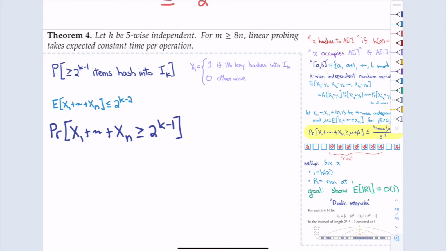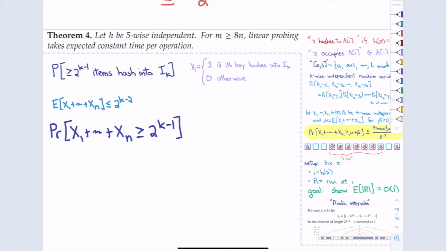So if I use Markov's inequality, what would I get? Well, we know the average is at most 2 to the k minus 2. And now here I'm doing roughly 2 times that, 2 to the k minus 1.